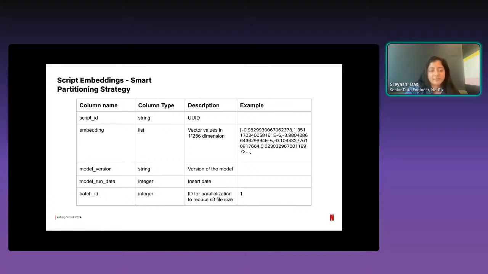to parallelize the different files, because each embedding is so long, right? You can split it into different partitions, so that when the query works on this particular table, it is more efficient. But this strategy needs to be there for every table where there is an embedding.